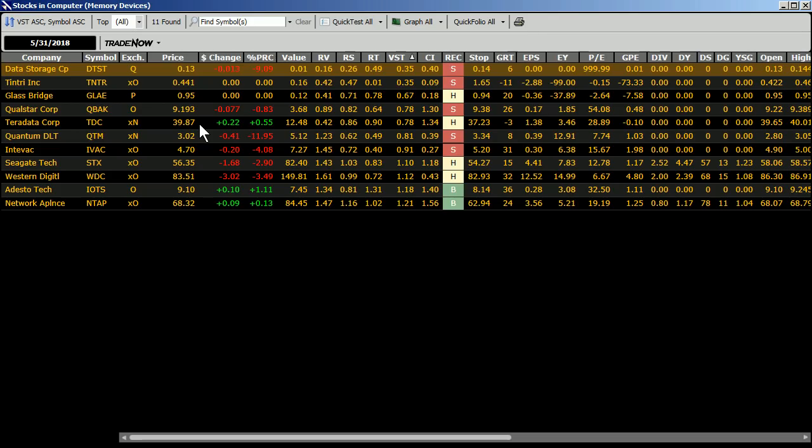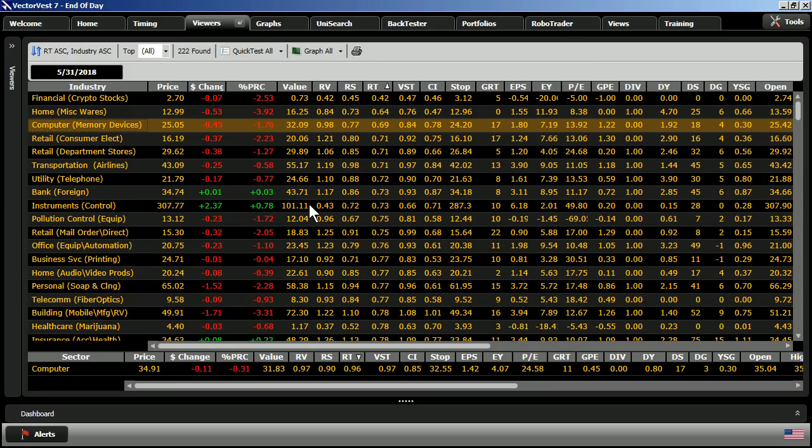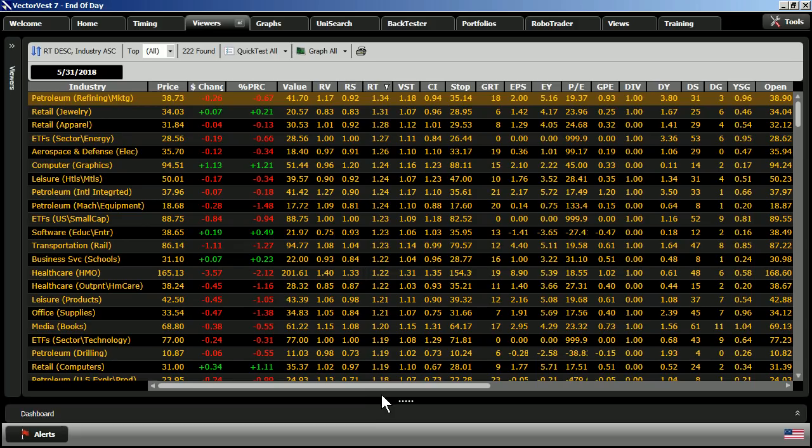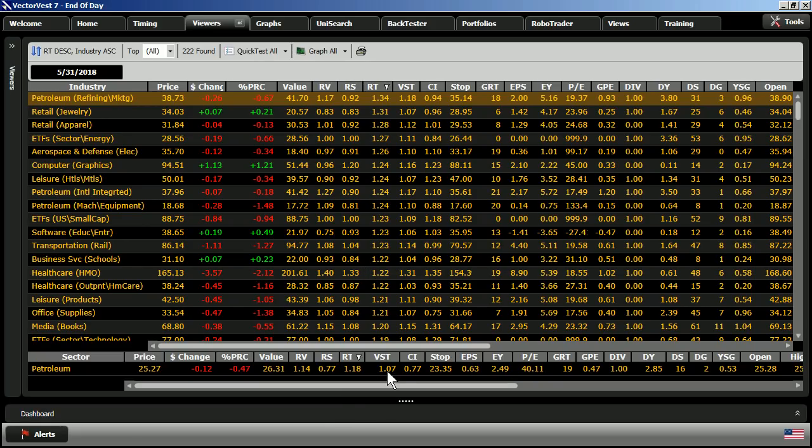Coming back to the list of industries, remember our default sort is to look at the industries RT descending. At the top of our list then are the industries that are in the strongest established uptrends. We call these guys the high flyers. But of course, industries and sectors are rotating all the time.